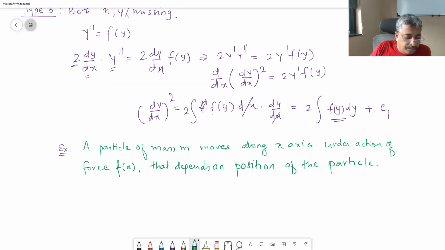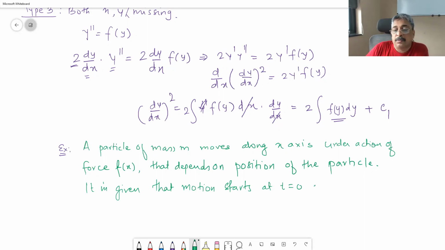It is given that motion starts at t is equal to 0 at the position x is equal to x naught with velocity v0.